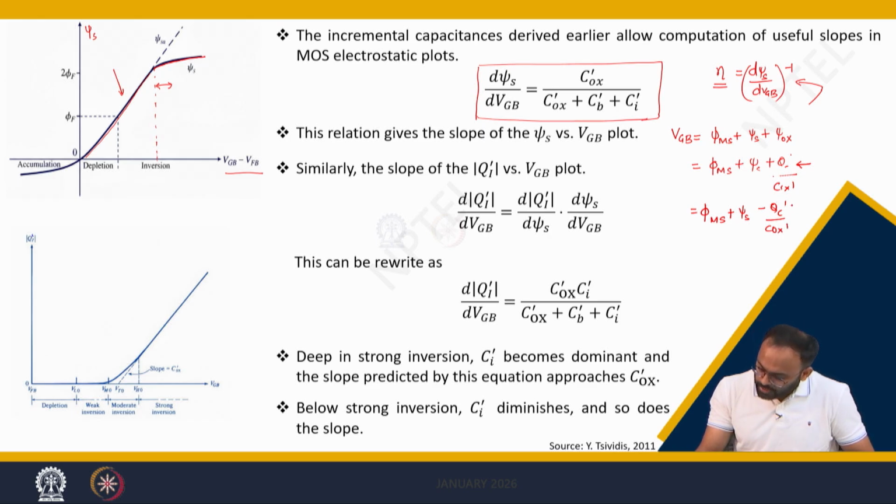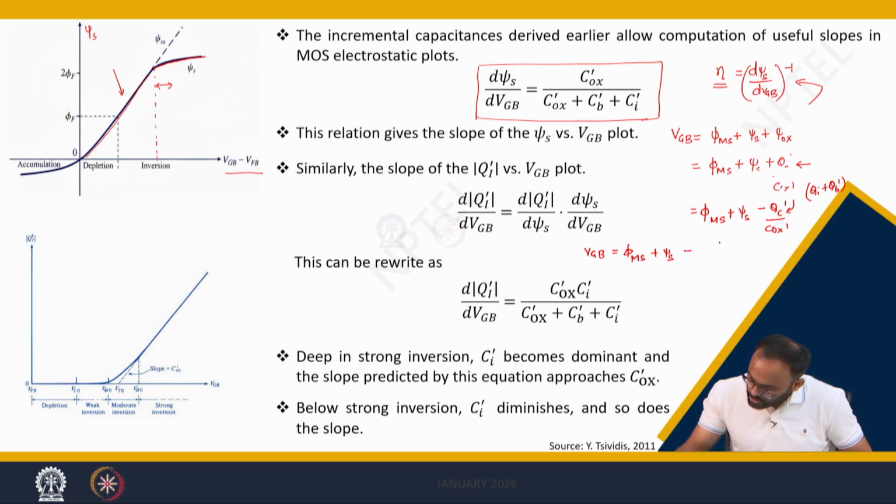Now, again this channel charge can be split into two parts, one is inversion charge and one is bulk charge or body charge. So, if I rewrite this equation as VGB equals phi ms plus psi s minus, we missed one term which is q naught dash also, which is oxide charge.